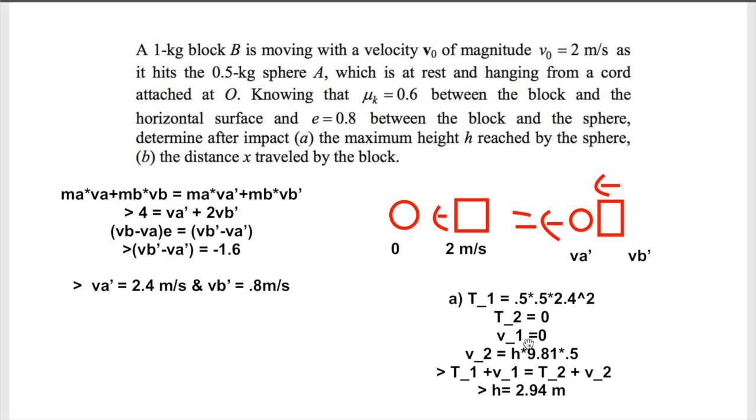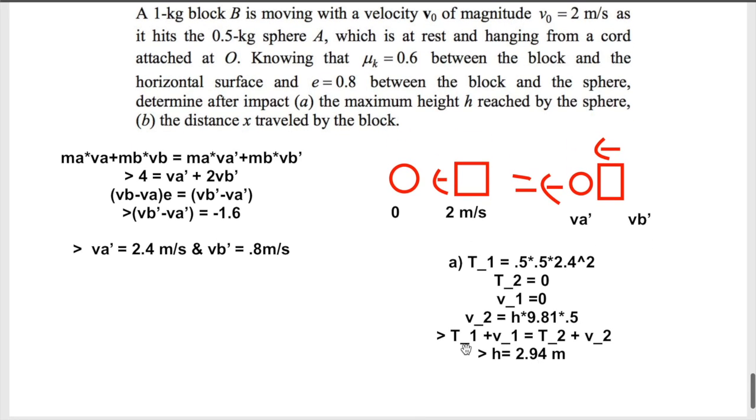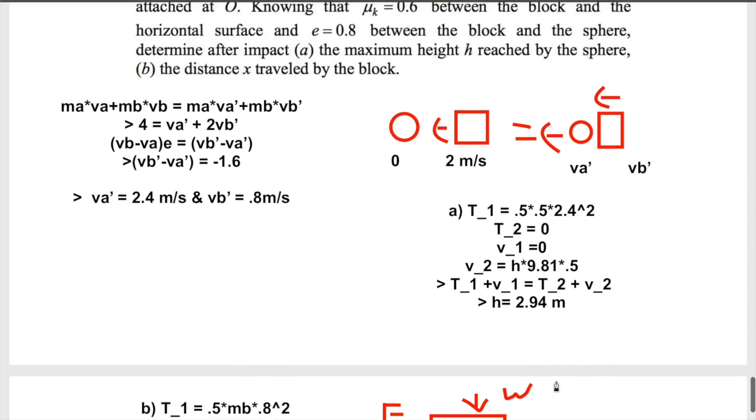We have the initial potential energy at point 1 equal to 0, and the potential energy at point 2, the max, is going to be the max height h times gravity times 0.5. Kinetic energy at 1 plus potential at 1 has to equal kinetic energy at 2 plus potential at 2. Plugging in those values and solving for h, we find that h is 2.94 meters.